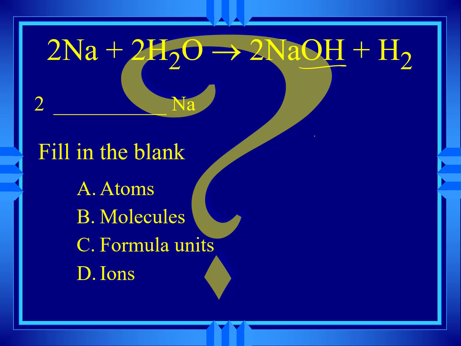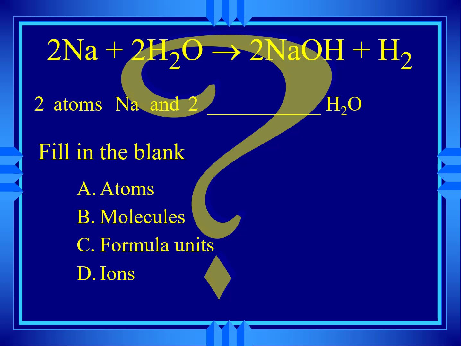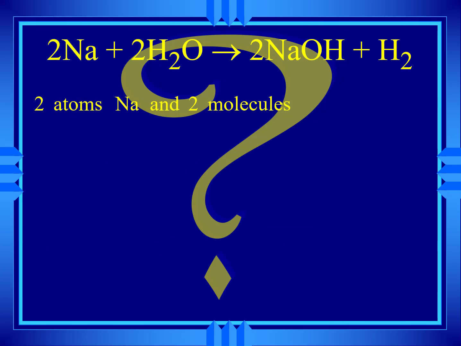Since Na is an element and it's not diatomic, it's an atom. So I can say 2 atoms of Na. And 2 H2O. We just talked about H2O a second ago. Since it's covalently bonded, the type of piece for H2O is molecules of water.